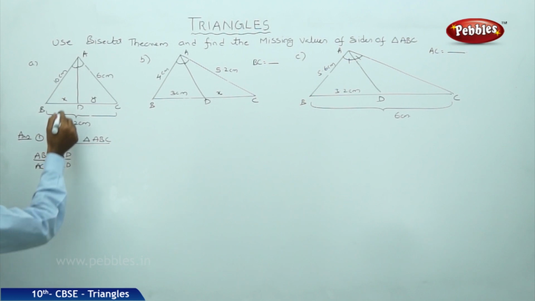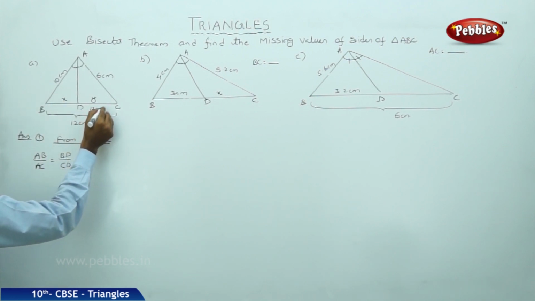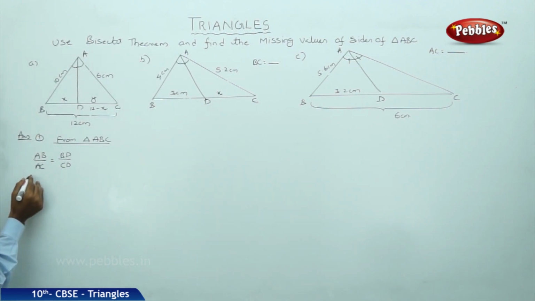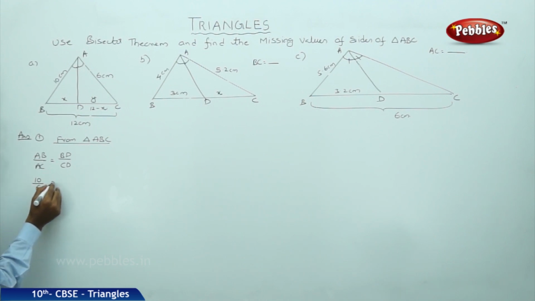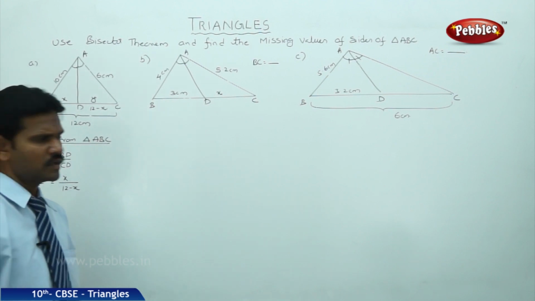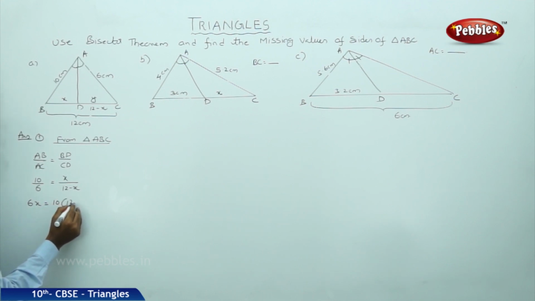Now let us consider this is x. Now this is 12 minus x from the diagram. Now substitute the values. AB value 10 by 6 is equal to BD value x by CD value 12 minus x. Now cross multiply. 6x is equal to 10 into 12 minus x.